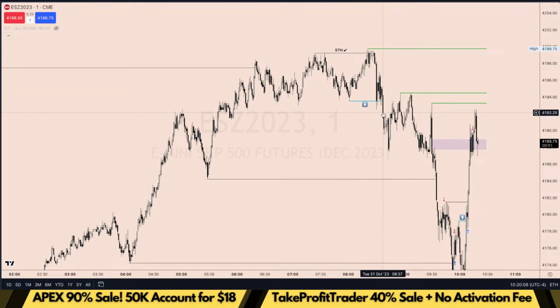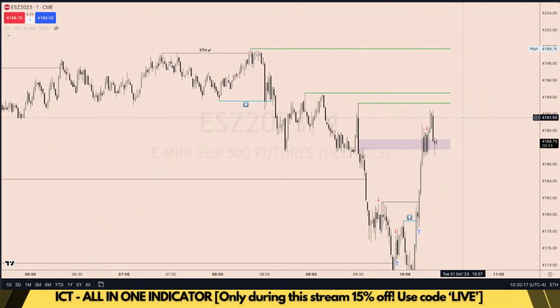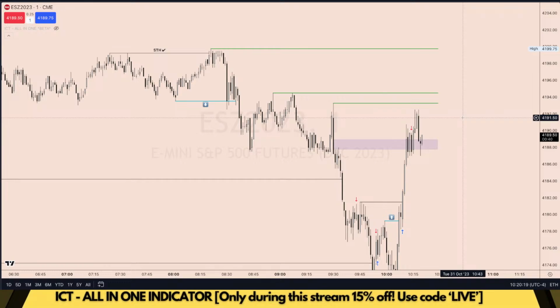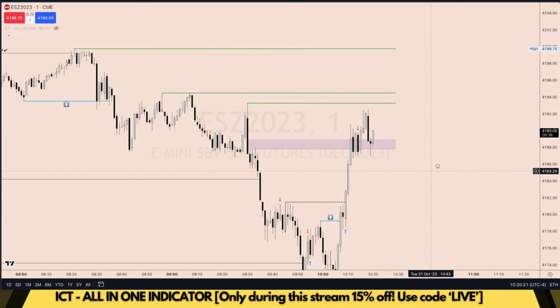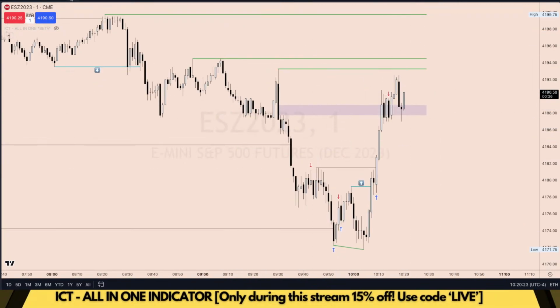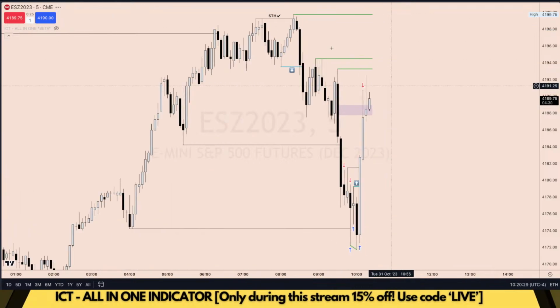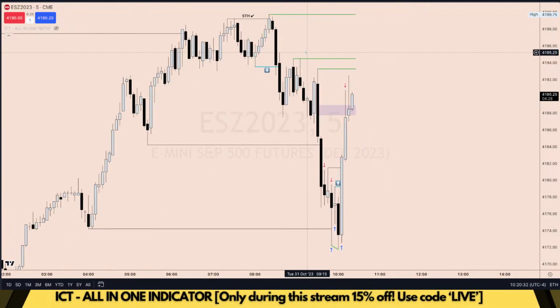Fresky, did you get out of your short before it came all the way back up? Don't have time to check the DMs yet. Your entry was at 95, so on that higher 5-minute fair value gap. I was wondering when you said 94, like, why 94?